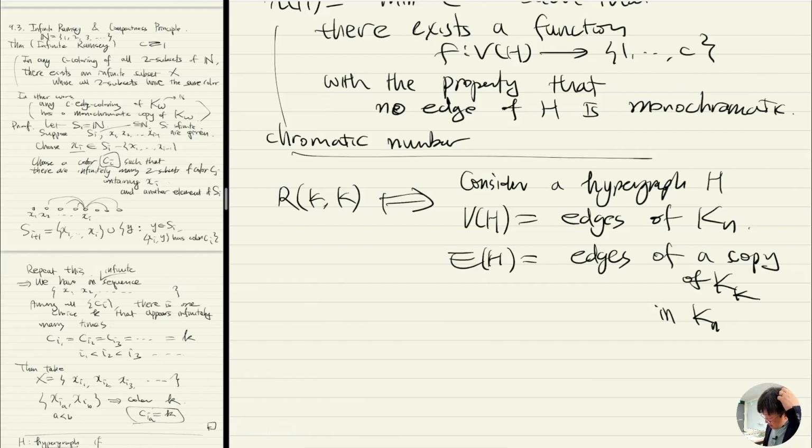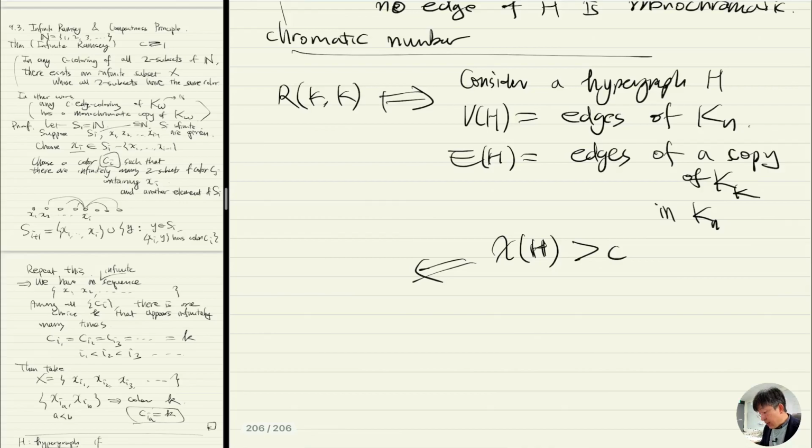Then let's look at the chromatic number. If the chromatic number is bigger than C, let's say 2, that means no matter how I color by 2 colors, I can find a monochromatic edge.